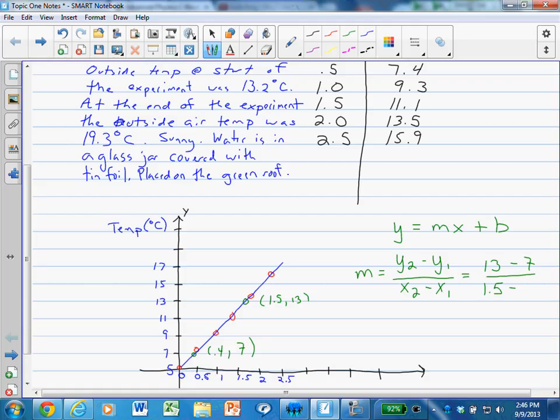What's my x1, Mr. Brinson? 0.4. Okay? So that gives 13 minus 7 is 6. 1.5 minus 0.4 is 1.1. 6 divided by 1.1 is 5.45, or we'll just round it to 5.5. What does that tell us? Kendra?